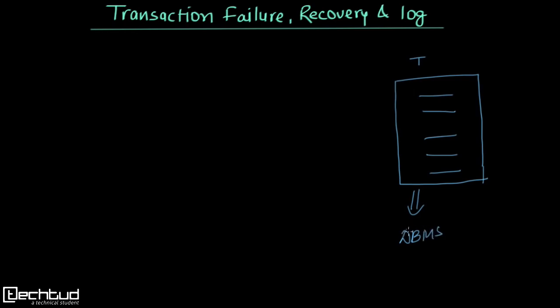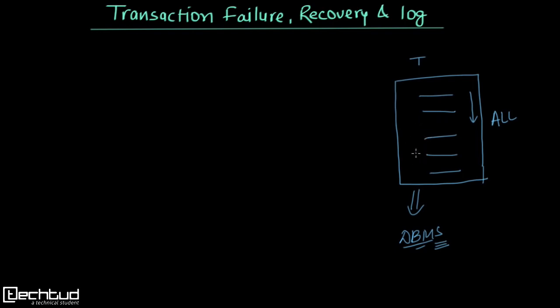now it is the responsibility of this database management system to execute all of these operations. Okay, mind well, I am saying all. This is important, right? Because in any case this database management system should not allow half of the operations to execute and half of the operations to bypass.